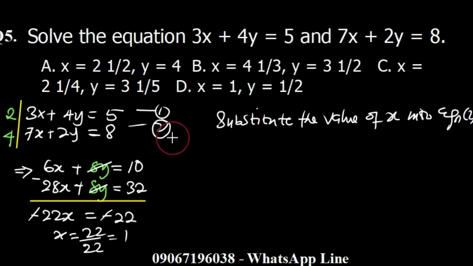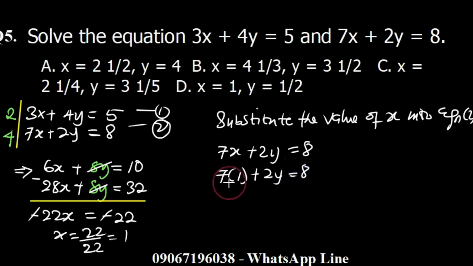Equation 2 is 7x plus 2y equals 8. So 7 times 1 is 7, plus 2y.